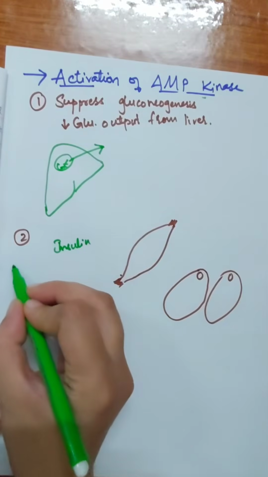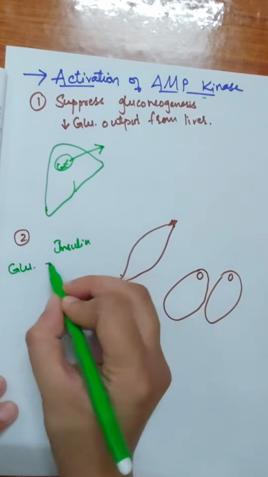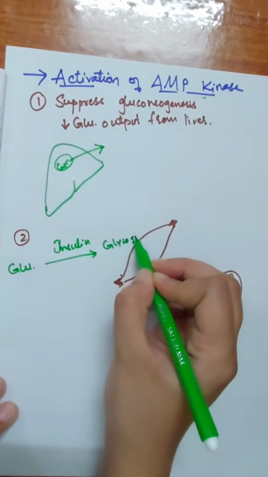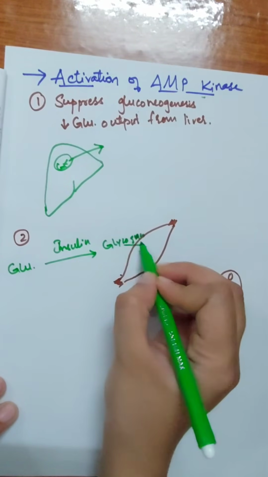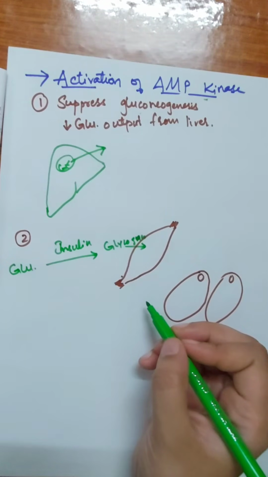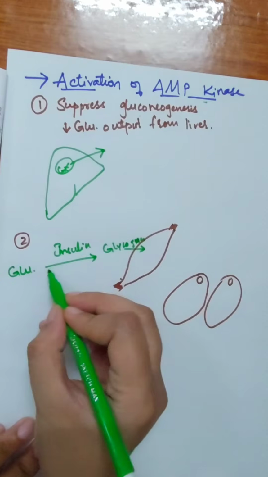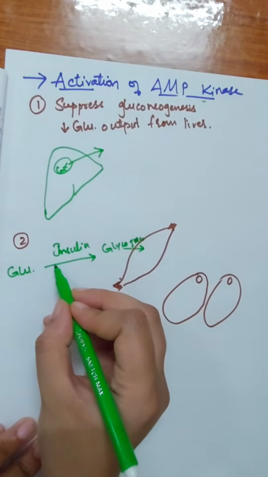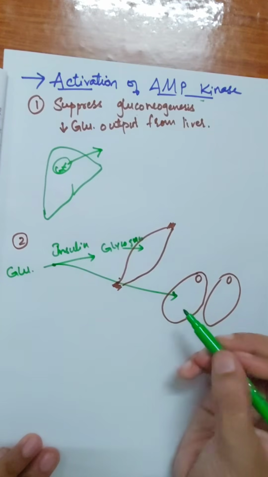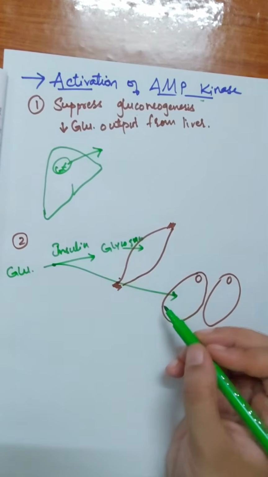The role of insulin is to convert glucose into glycogen, and this glycogen is then stored in your skeletal muscle. Next, insulin also has the role to convert glucose and store it in your fat cells, or you can say lipogenesis takes place.